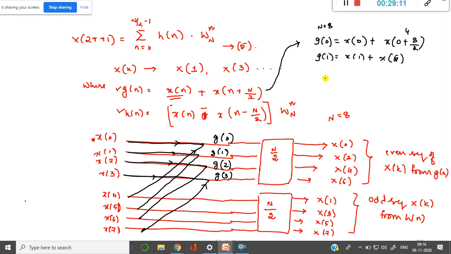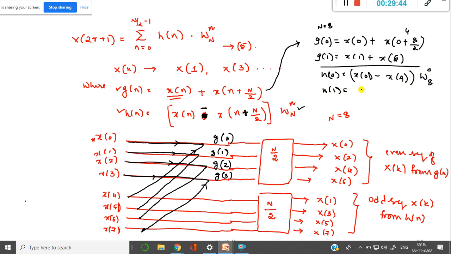Again, look at this. h of 0 is going to be obtained from x of 0 minus x of 4. Sorry, the first part remains the same, only the middle plus is going to be changed to minus. But the entire thing is to be multiplied with one more factor. n is 8 point DFT here, so it is W8 to the power of 0. So that's how h of 0 is going to be obtained.